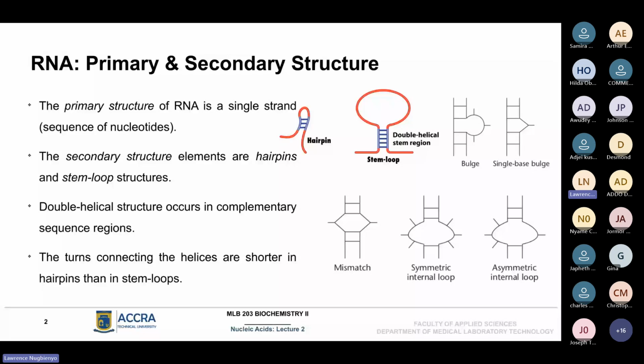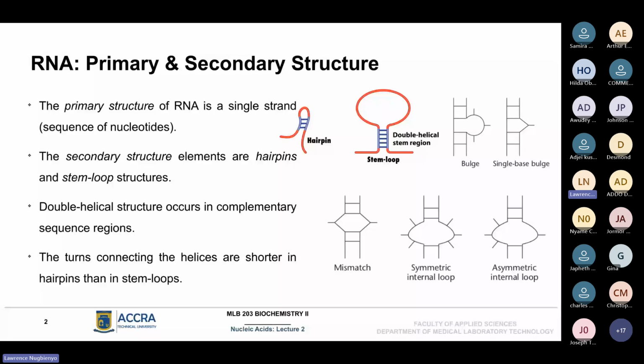Then the question arises, so how do we come about talking about base pairing in RNA, saying that in place of thymine you have uracil, in that pairing of bases in RNA molecules?